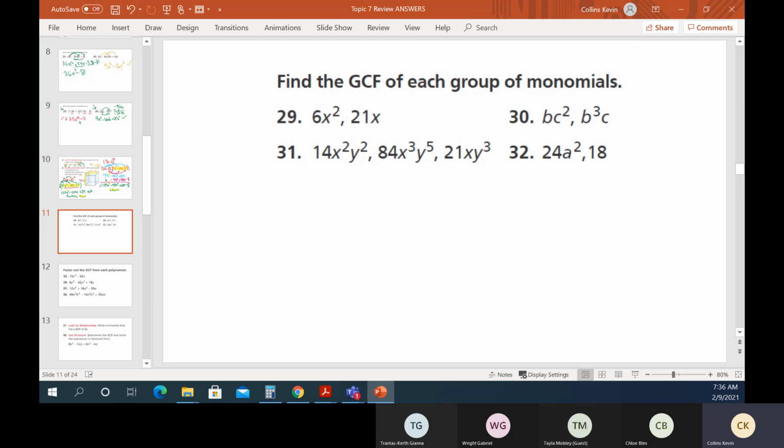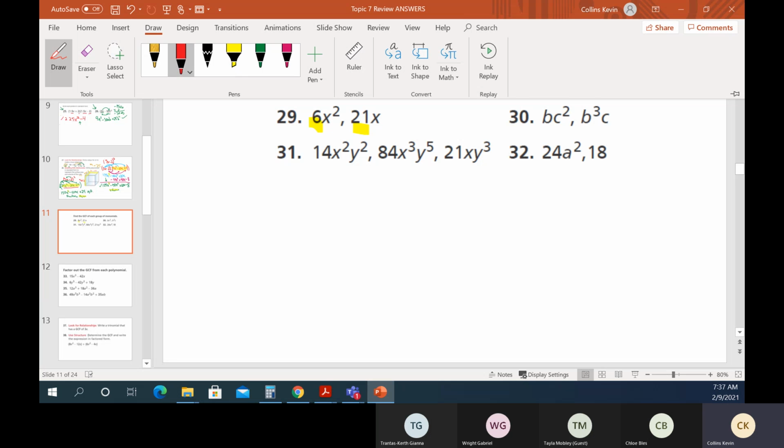In this case, that didn't happen, but sometimes it will. And then you just know that it's 6. So 6 didn't work, so it's like, okay, well, 6 is an even number, so we could use 2, but 21 is an odd number, so no. So that's why we switched to 3, and you were correct about that. So then the number part of this is just going to be 3.